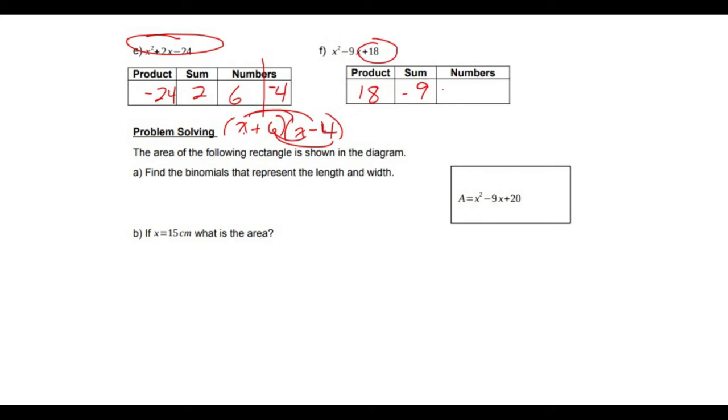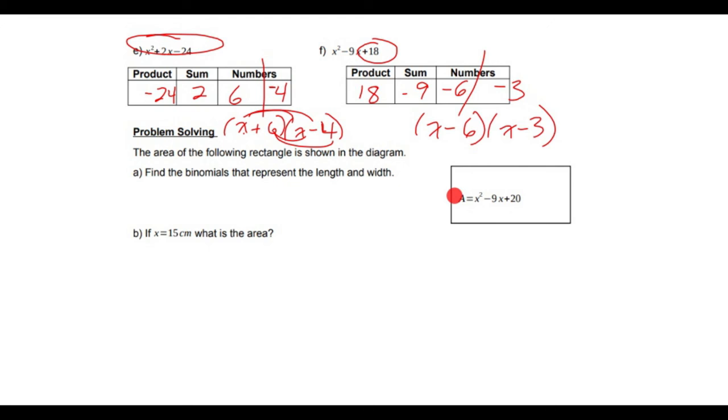That makes sense that they would both be negative numbers. But which two numbers add to get 9 and multiply to get 18? That would be 6 and 3. So what the answer looks like when you're all done is this. And you'll find that these are the solutions on D2L already. I just thought I would walk you through them so you knew what I was talking about.